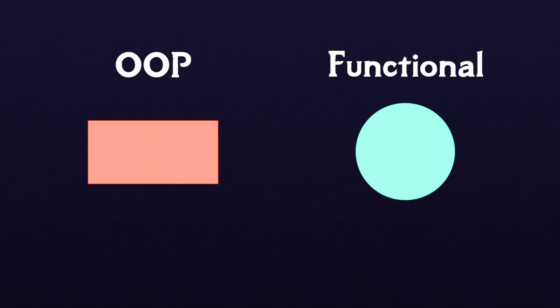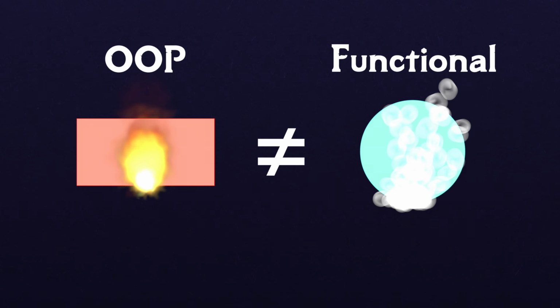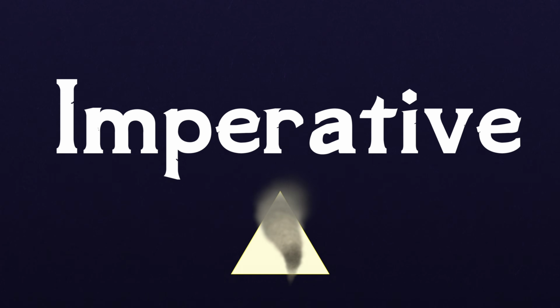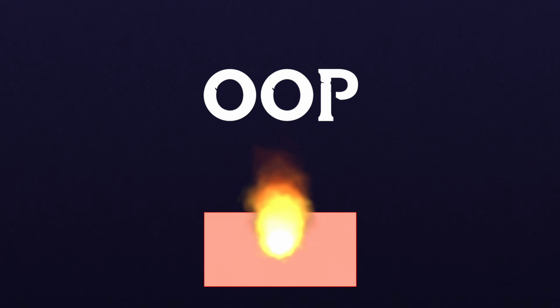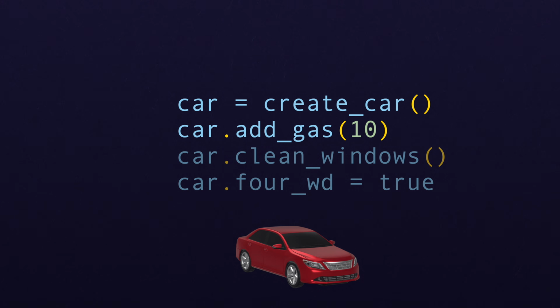A lot of people assume that functional and object-oriented programming styles are opposites, but really, they're just different. Imperative programming is actually a better opposite to functional programming, which, to be fair, object-oriented programming takes no issue with. Take a look at this imperative code. First, we create a new car. Then we call the car's add gas method and add 10 gallons of gas.